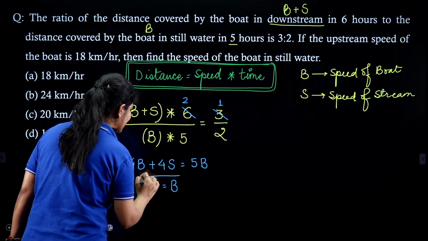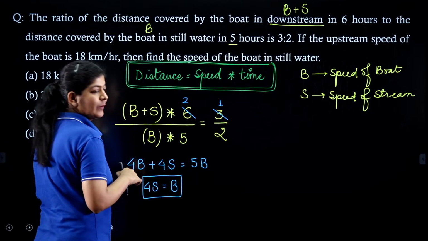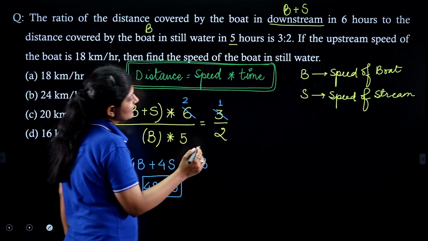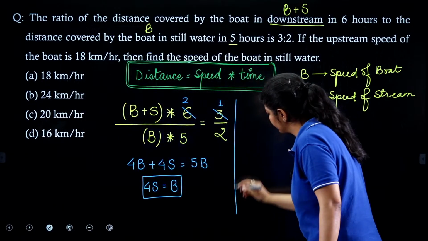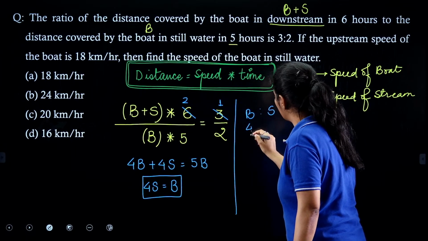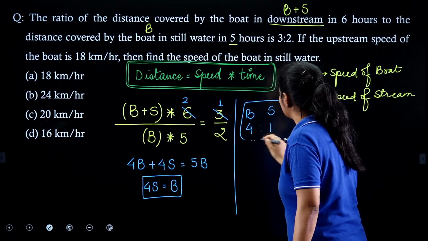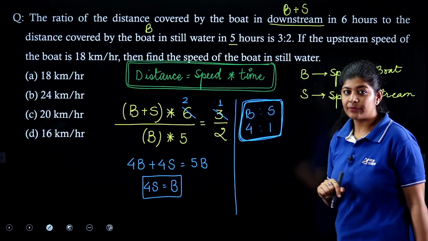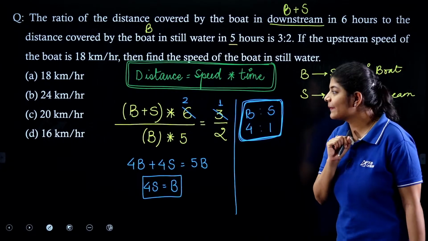If I want to write down the ratio between s and b, I can just write this as nothing but 4:1. This is the speed ratio between the boat and stream. But there's one more clue in this question.